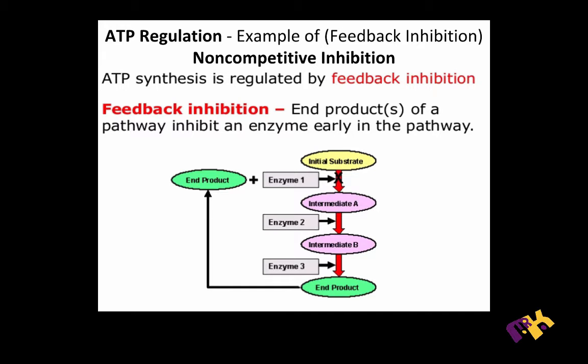then the extra ATP, instead of being used for powering energy things in the cell, actually floats around, and this ATP molecule interacts with enzyme 1 and is a non-competitive inhibitor for it and shuts it down, inactivates it. So if I shut down enzyme 1, I can't do the rest of my steps here. So it's the feedback.